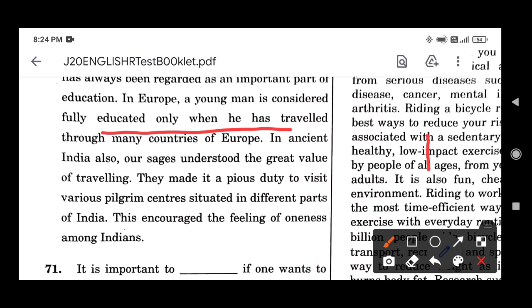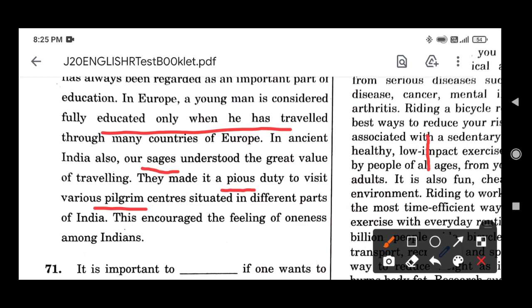And here the word I underline is sages. And one more thing, pious. In such a way we need to underline some important words. I underlined these because they are important words or important sentences.